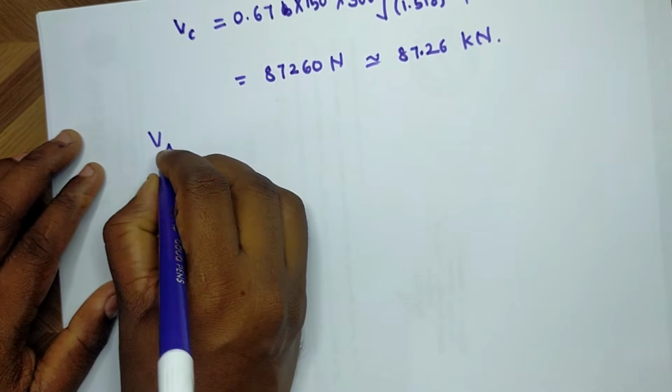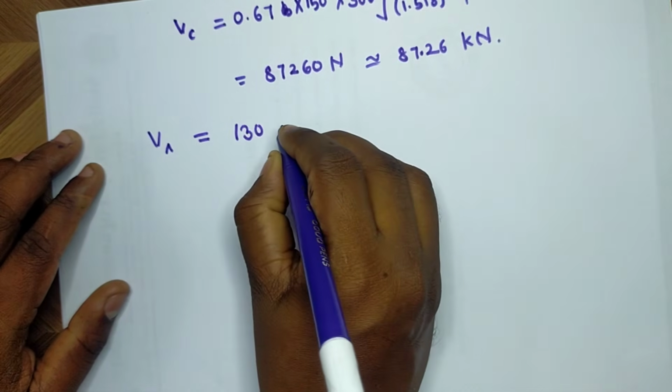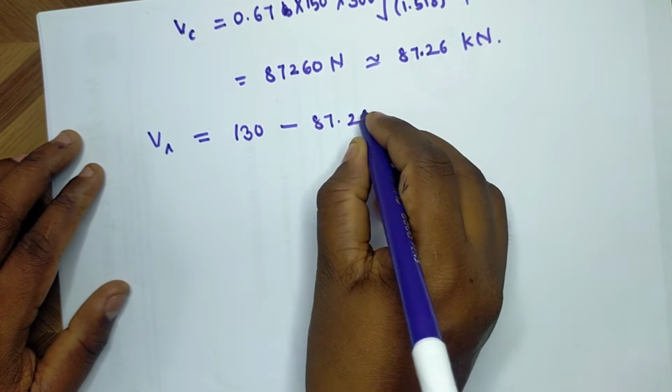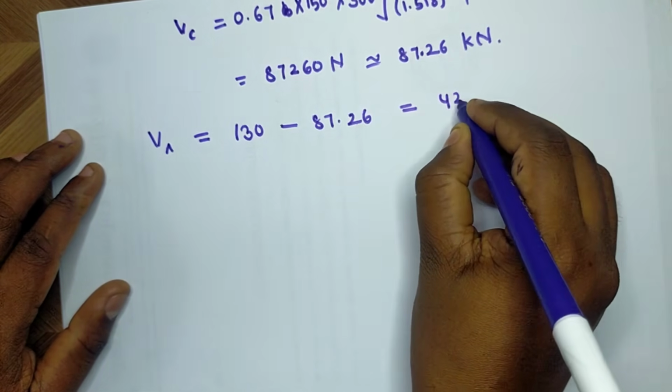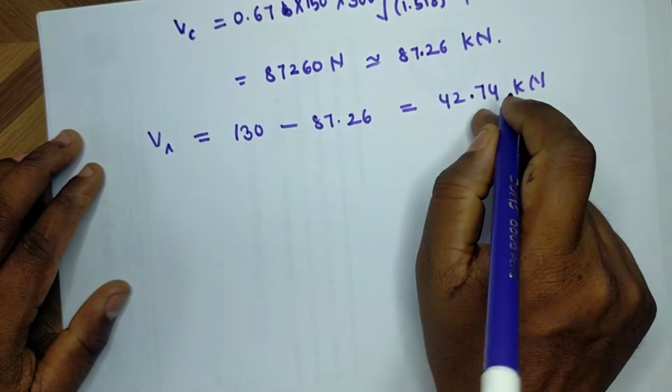Now VS is equal to VUR, which is 130. We need to deduct this value, then we get 42.74 kilonewtons. Now we need to design the stirrups for this.